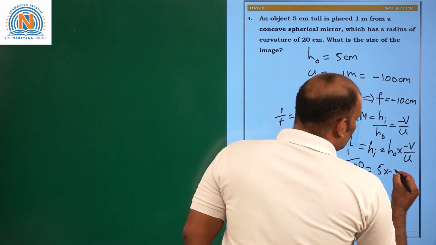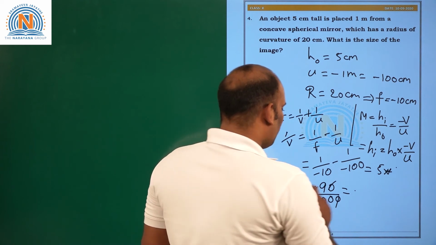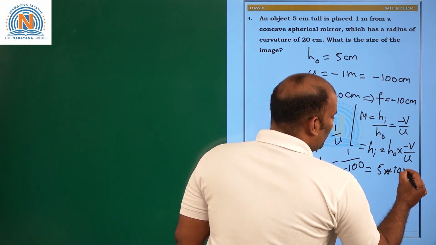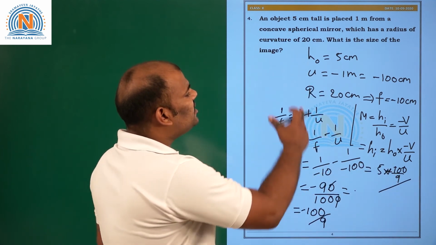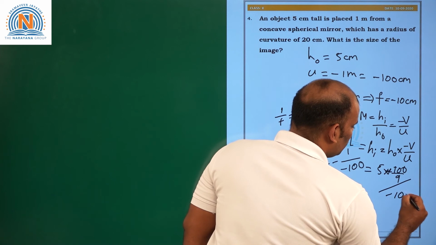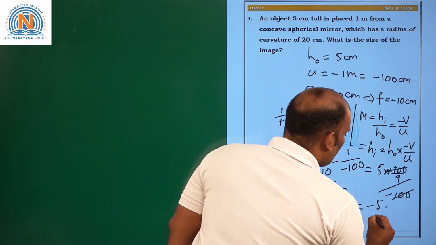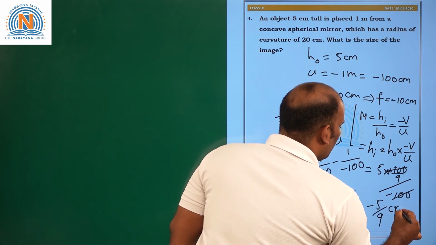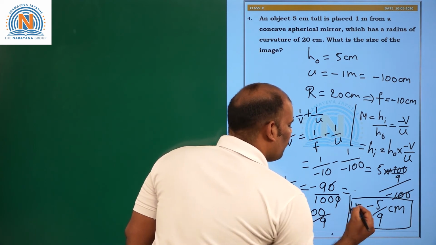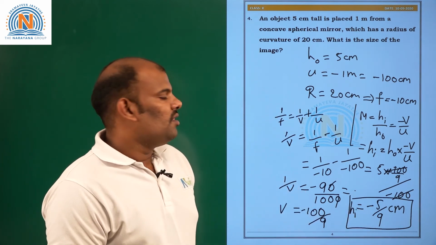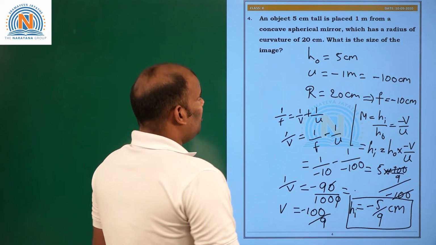Minus of minus, then it will be plus. So 100 by 9 by, what is the object distance here? Minus 100. So 100 gets cancelled. So finally you will get minus 5 by 9 centimeter. This is the height of image. Height of the image is equal to minus 5 by 9 centimeter.